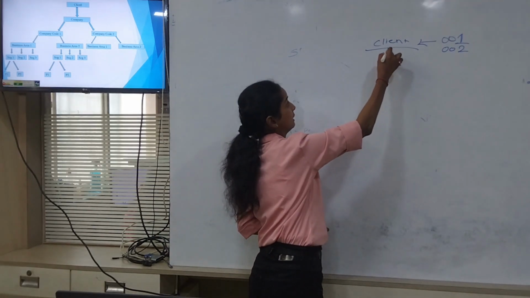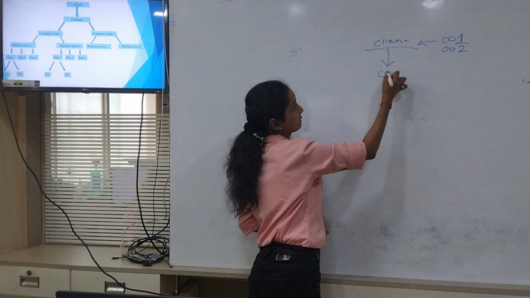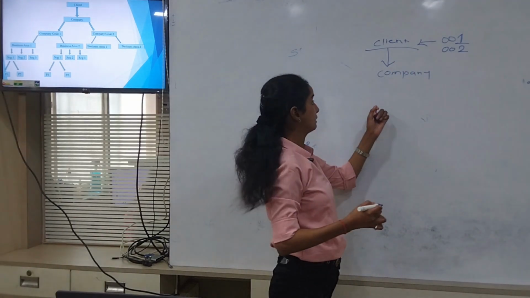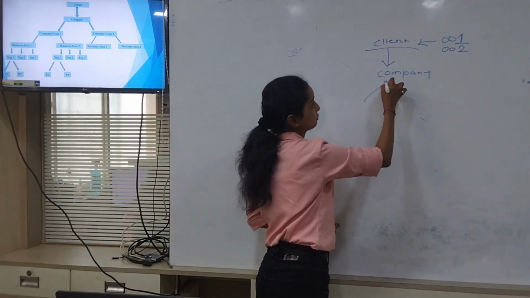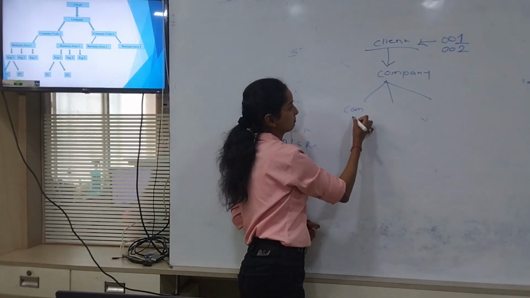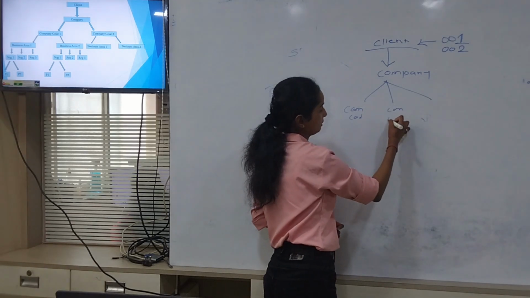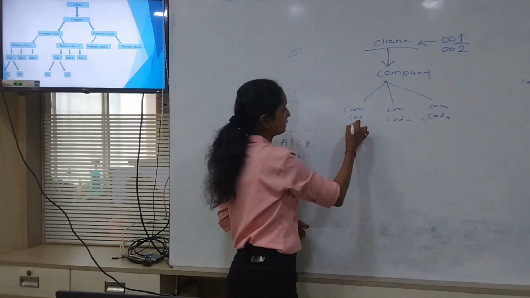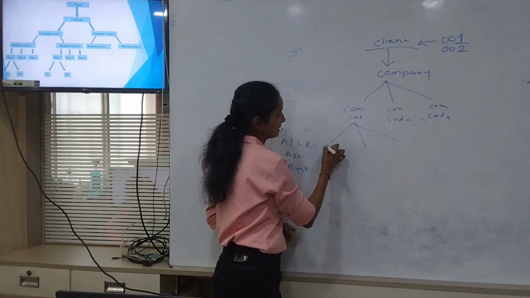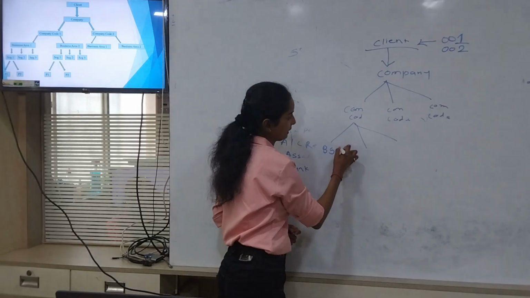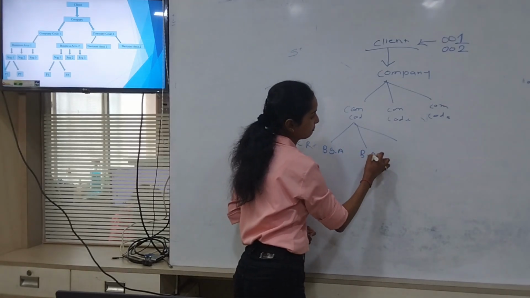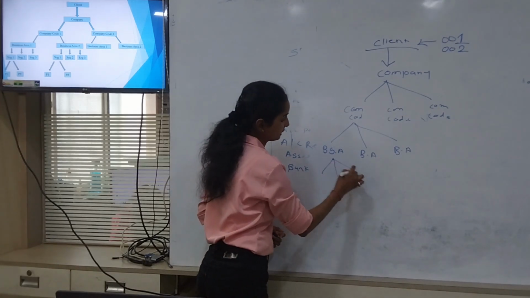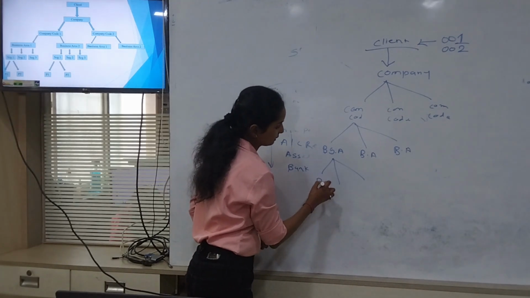Under the client there are one or different companies, and a company is divided into several company codes. Then a company code is divided into a number of business areas, and a business area is divided into several profit centers.